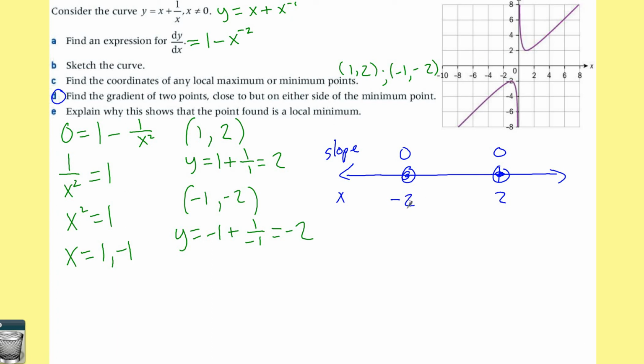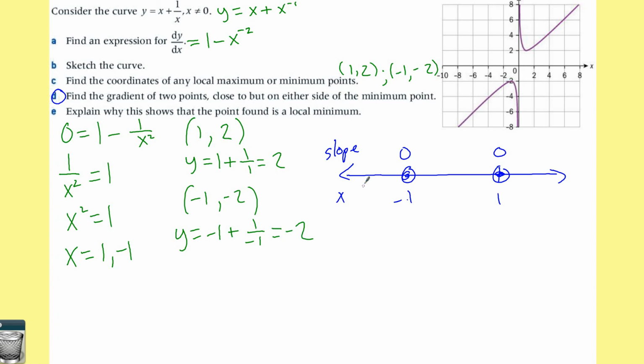Sorry, these are our 2 x coordinates. So let's just breathe. We've got our x values, negative 1 and 1. We found the y values so we could have the coordinates of the max and min points. Now we want to find the slope next to it.